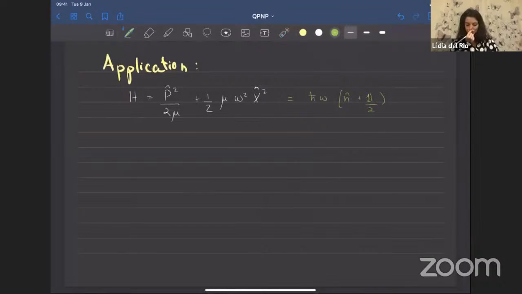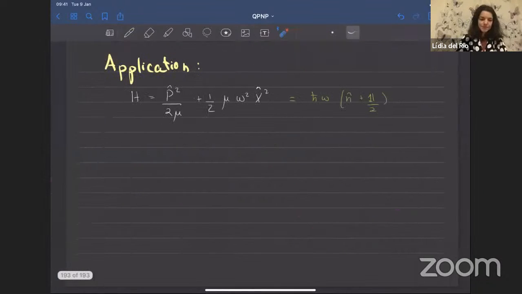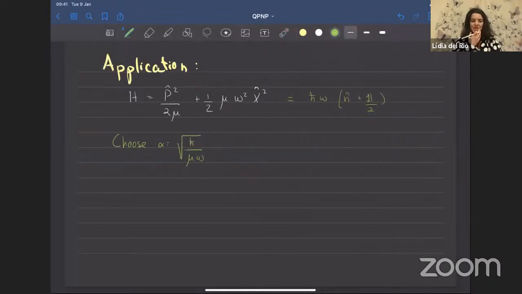First of all, we need to choose our constant alpha that appears in all these definitions, right? We're still free to choose them as long as it results neatly. So we choose alpha to be the square root of h bar over mu omega.